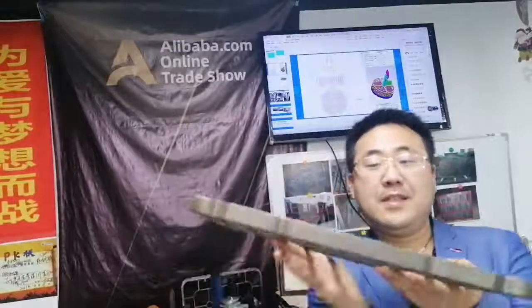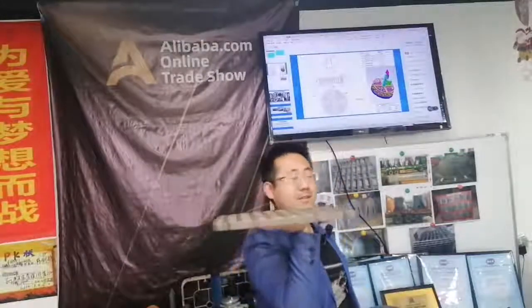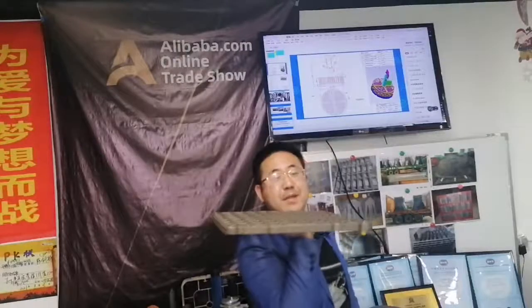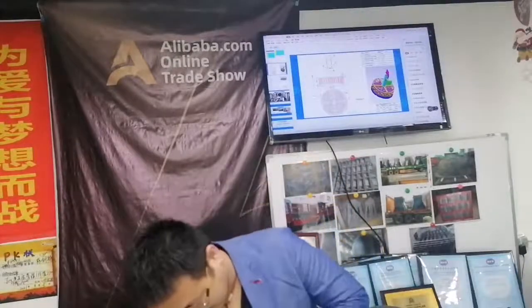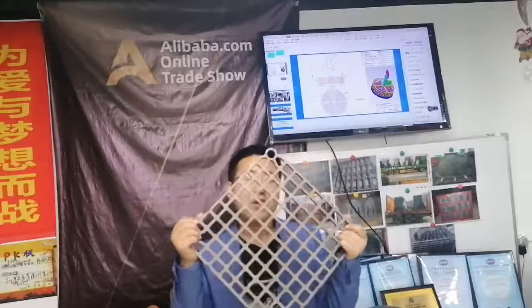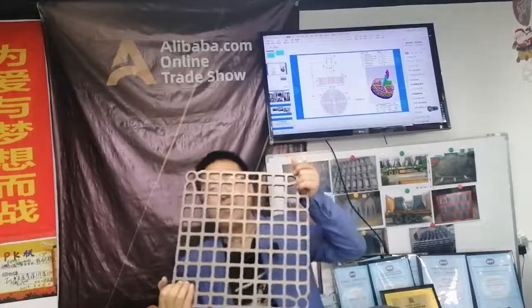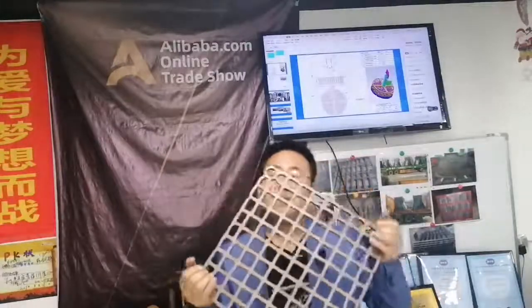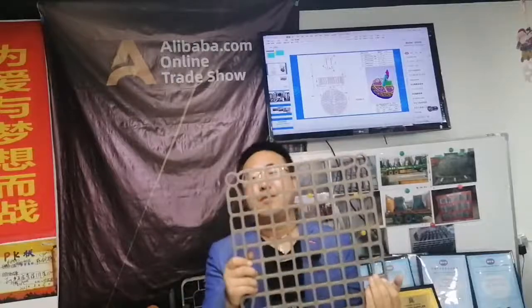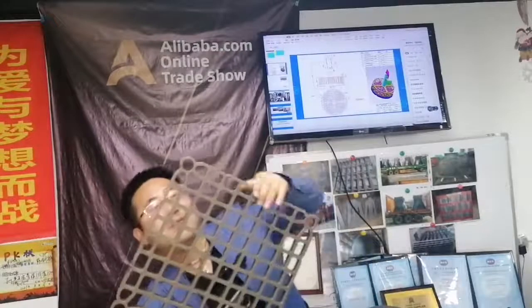And this basket, the size is about the long side is about 400 millimeter, and the width also is 400 millimeter, like this. And then I have 4 types, like this.